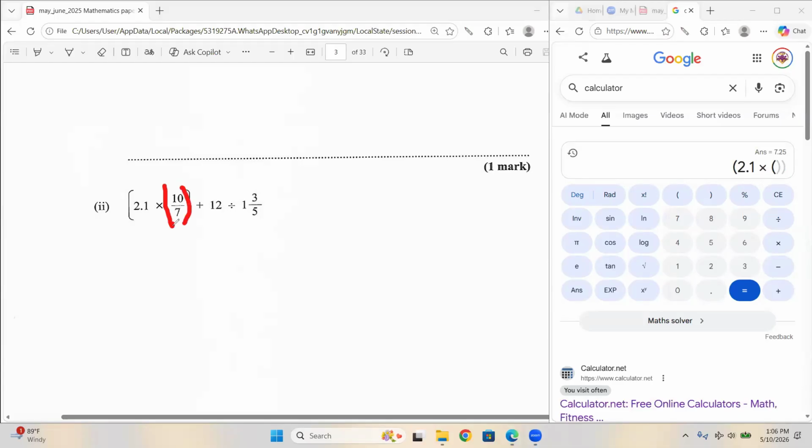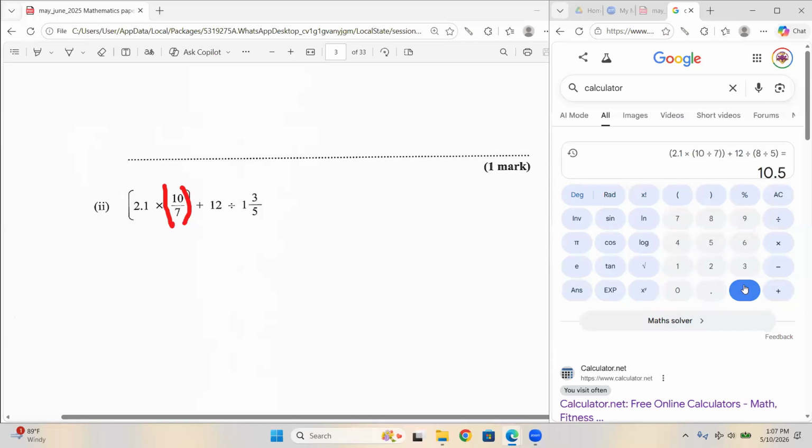Open brackets 10, because if I don't do that, we could end up with an error. When I say an error, I mean the wrong answer. Divided by 1 3/5, which is 1.6, or I could write it as 8/5. So I could put this in bracket as 8 divided by 5.